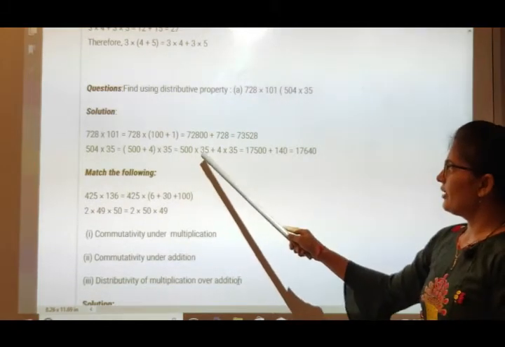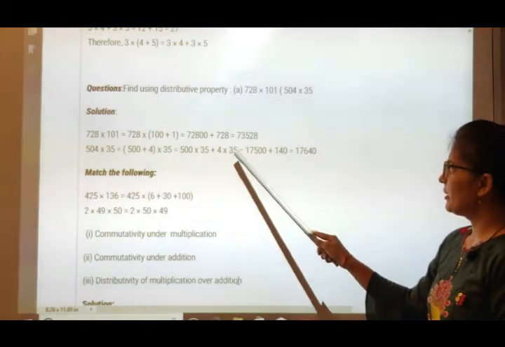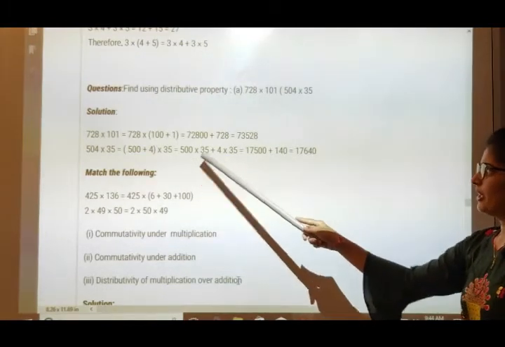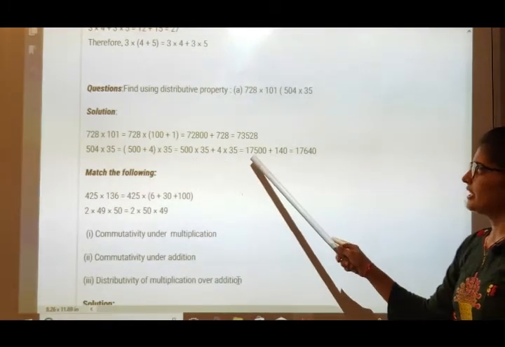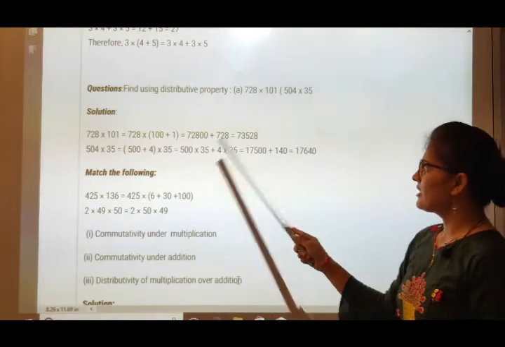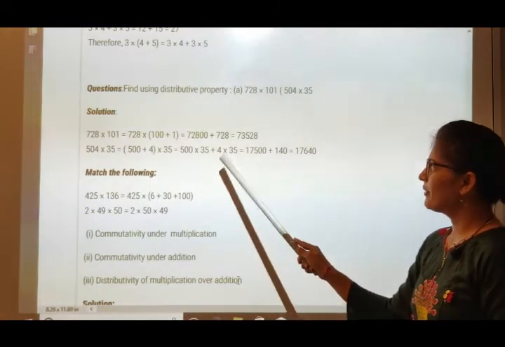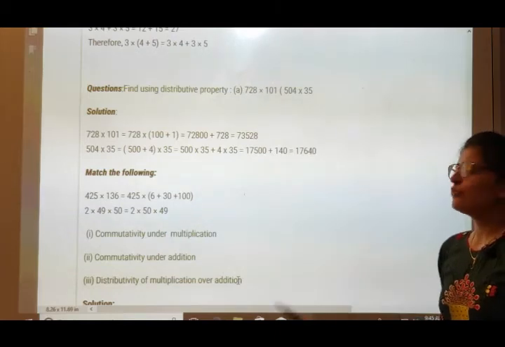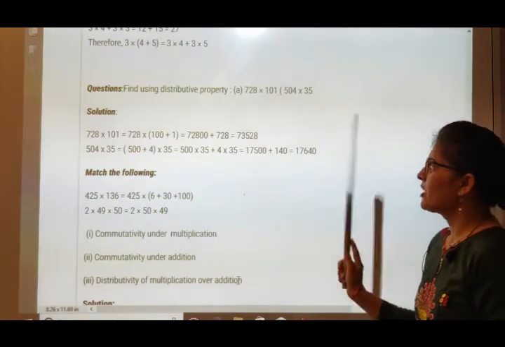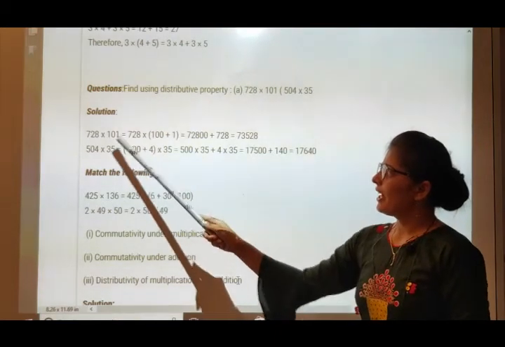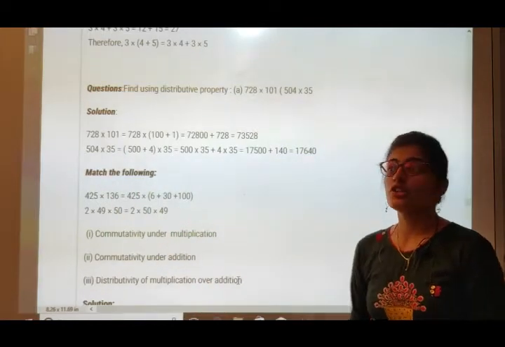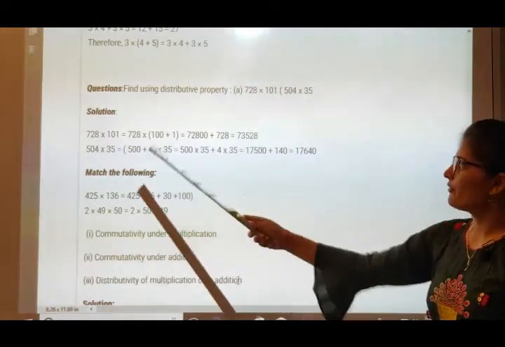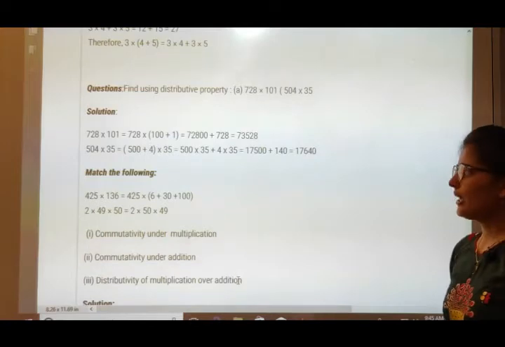Here you can see 500 multiplied by 35 plus 4 multiplied by 35. After that multiplication, whatever answer we are getting, 17,500, plus sign as it is, these two we will multiply: 4 multiply 35, answer is 140. So after adding both of these you will get the answer. So instead of multiplying these two numbers directly, we can use distributive property and find out the answer very quickly.